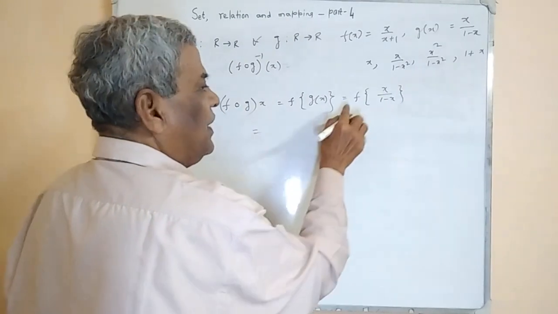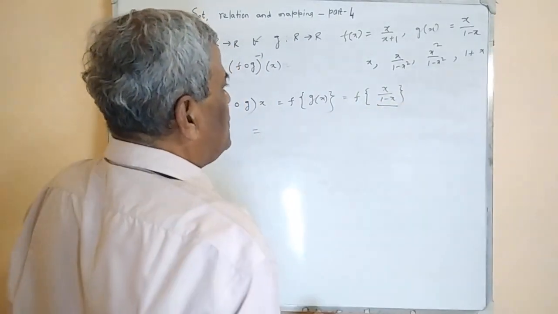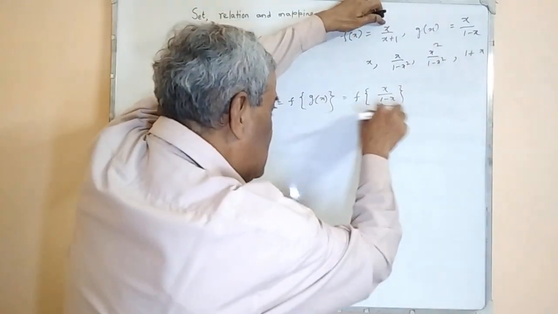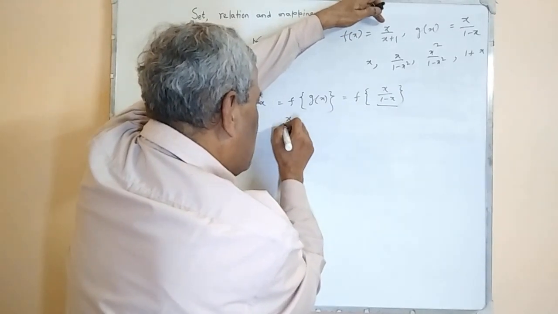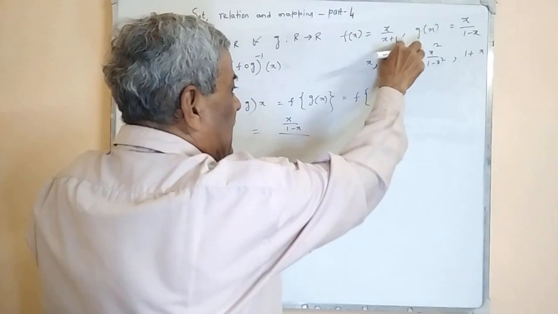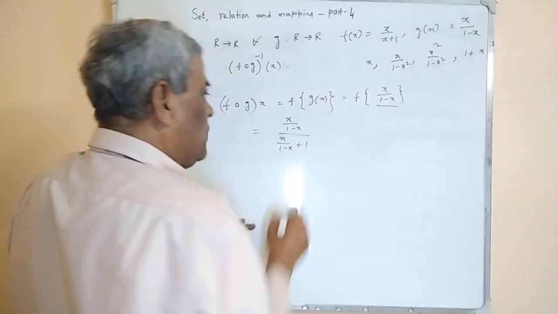Now, function f and its argument is this. So it is equal to, in the numerator, x means the whole thing, x by 1 minus x, by x plus 1. X means 1.